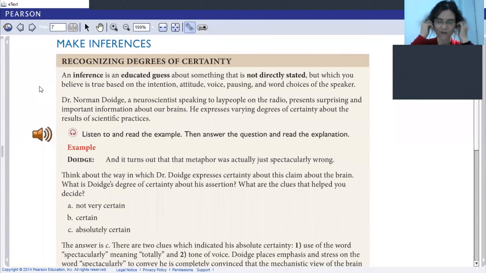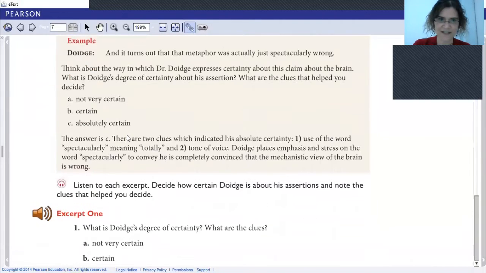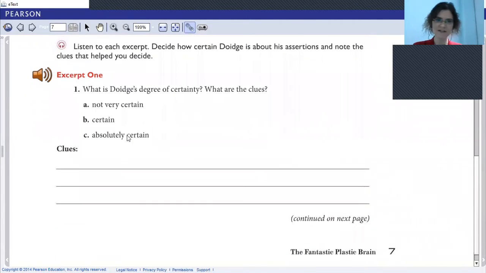And that is critical analytical thinking, where you are digging a little bit deeper underneath the surface to figure out what is in the text or in the audio which is not stated directly, but indirectly it is there. So an educated guess, right? Now, we're going to excerpt 1.